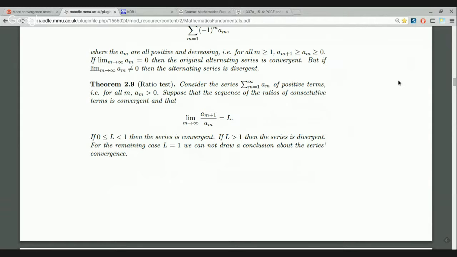So if the corresponding geometric series, the geometric series with this fixed ratio L, will converge, and so by comparison, so will the series we're looking at, the sum of a_m.